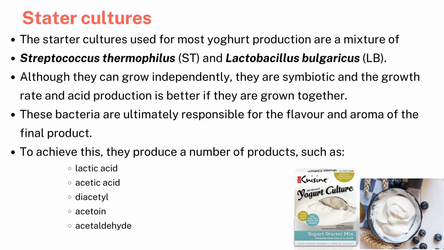Although they can grow independently, they are symbiotic, and the growth rate and acid production are better if they are grown together. These bacteria are ultimately responsible for the flavor and aroma of the final product. To achieve this, they produce a number of products such as lactic acid, acetic acid, diacetyl, acetone, and acetaldehyde.